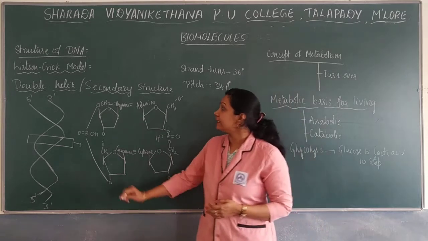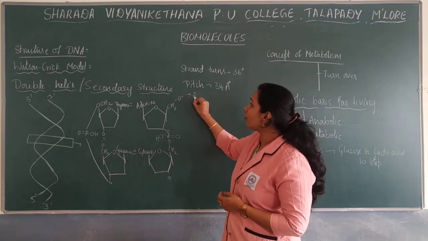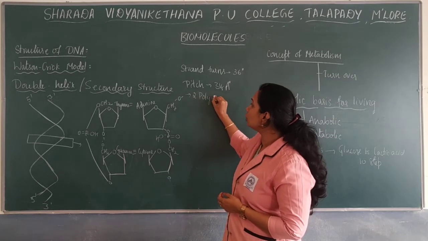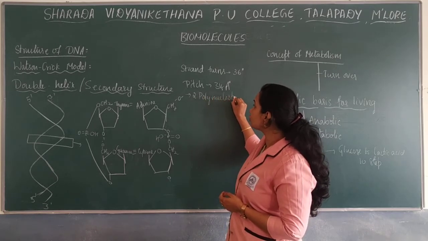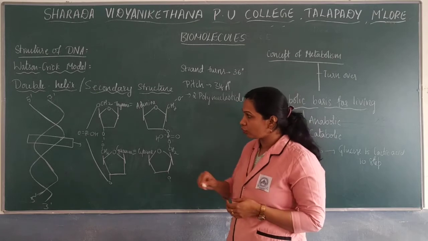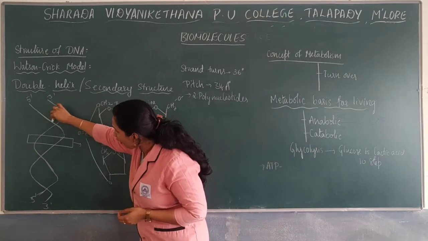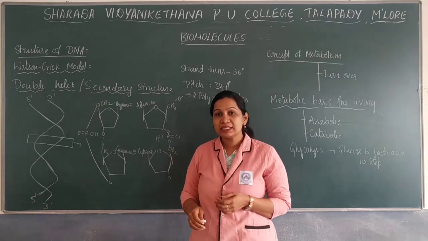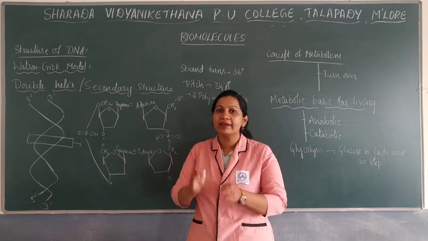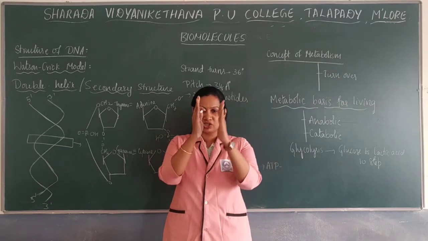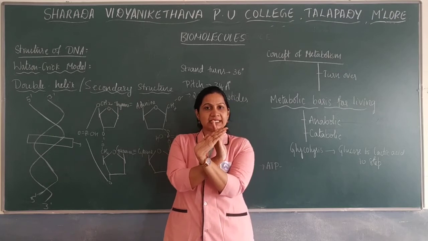Here it mainly consists of two polynucleotides, and these two polynucleotides run anti-parallel to each other. This is parallel and this is anti-parallel.